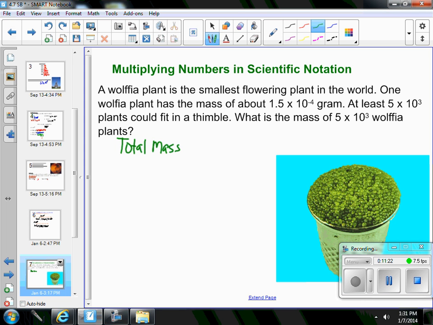In order to find their total mass, you're going to take the mass of one plant and you're going to multiply it times the number of plants.